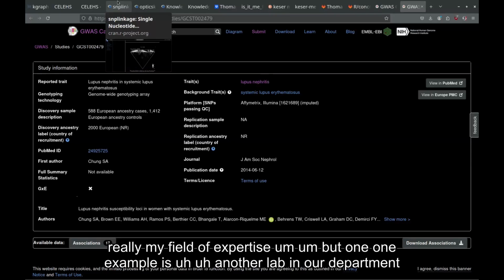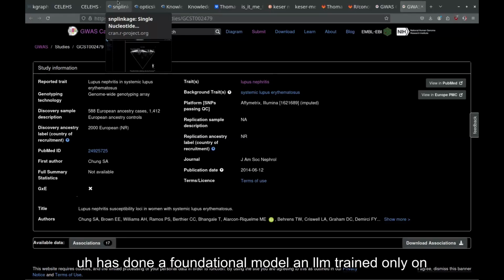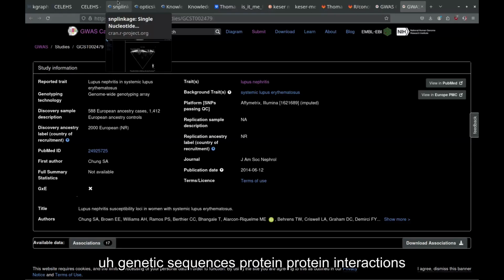It's not really my field of expertise, but one example is another lab in our department has done a foundational model, an LLM trained only on genetic sequences and protein-protein interactions.